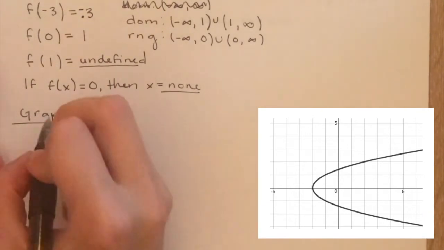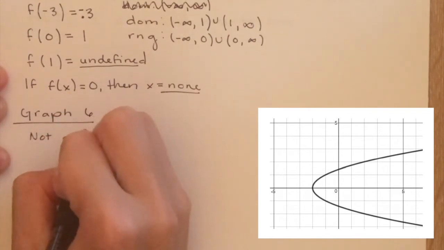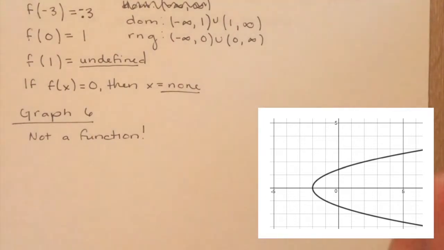So this guy is not a function. Is it one-to-one? Great question. Let's try the horizontal line test. Let's pass some horizontal lines through it. Do they hit more than once? None of them do. So we pass the horizontal line test.